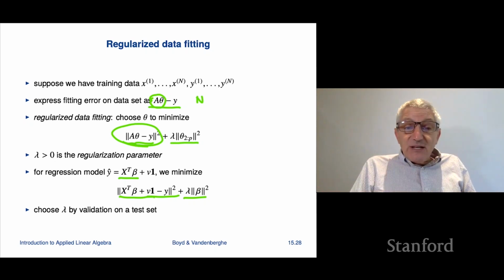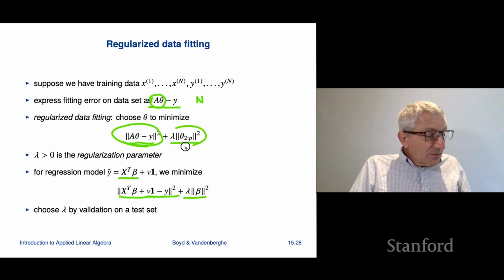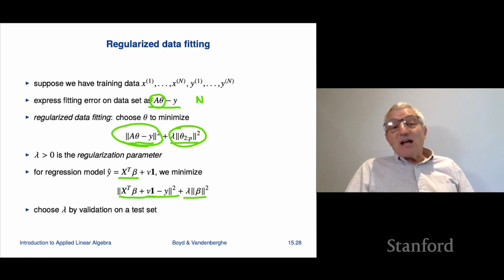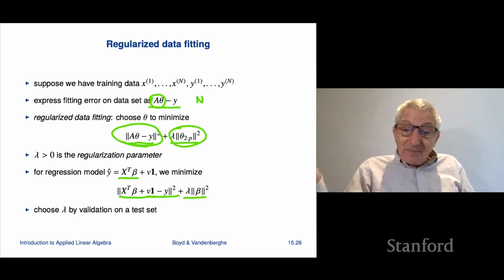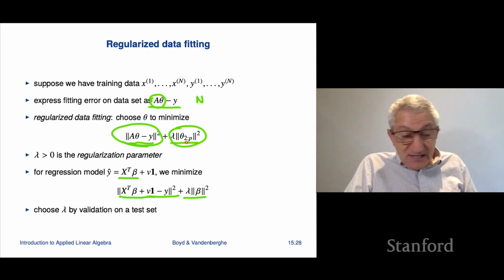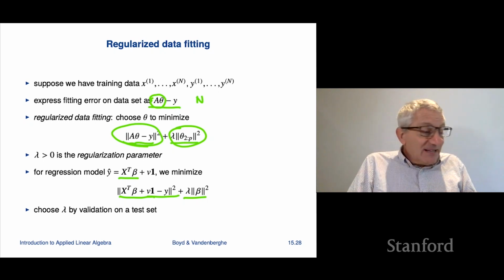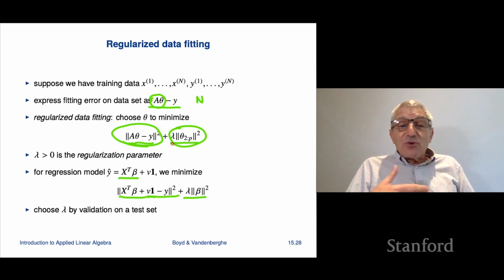When lambda gets really big, you're basically saying I put a huge cost on having the coefficients theta 2 to theta p being non-zero. And so basically, as lambda goes to infinity, theta 2 to p goes to 0, and theta 1 is going to go to the mean of the data, because when lambda is really big, this reverts to the constant model.